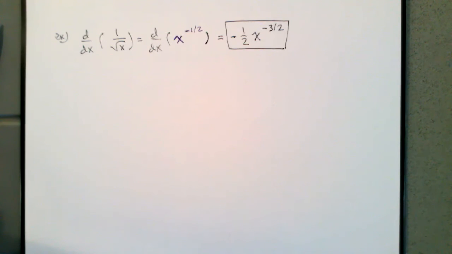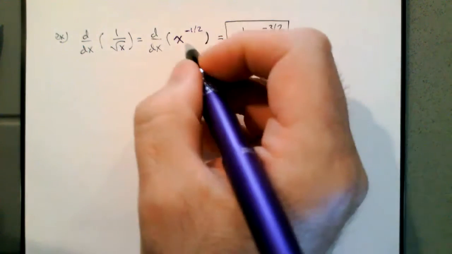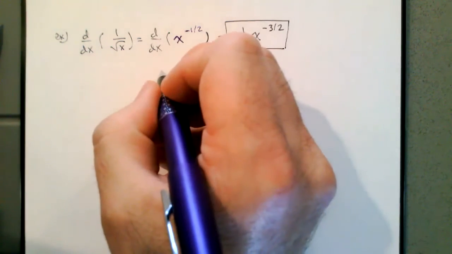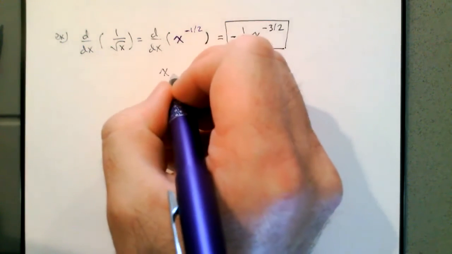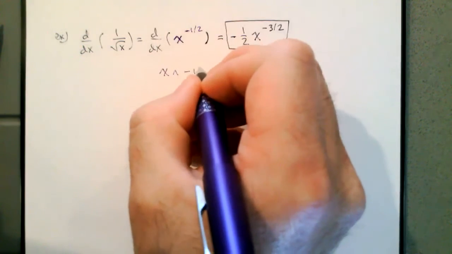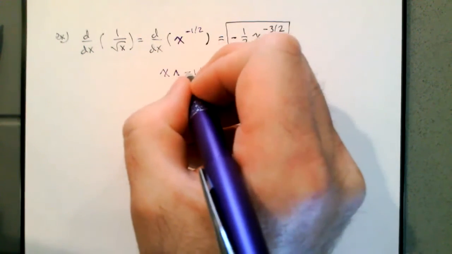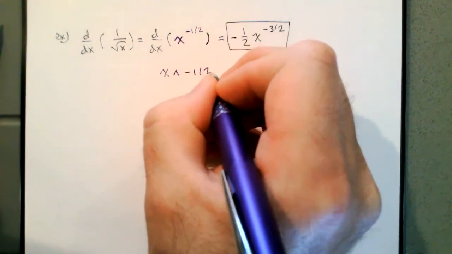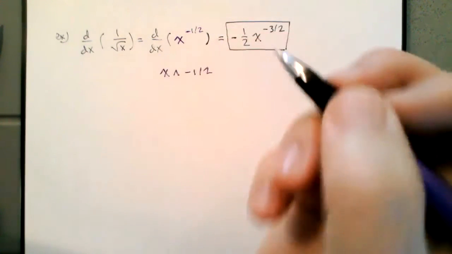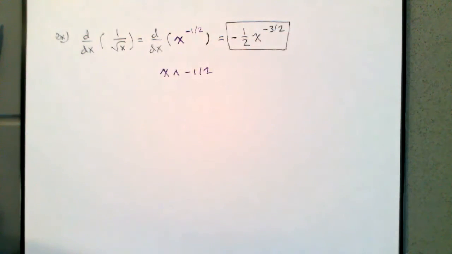Quick thing to be really careful of. If we wanted to write this in a single line, if we want single line syntax for this x to the negative 1/2, if you try to use this expression in a computer or a calculator, it's going to read as x to the negative 1, and then it's just going to divide by 2.